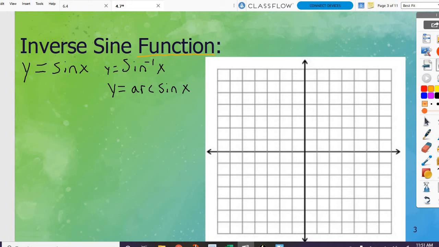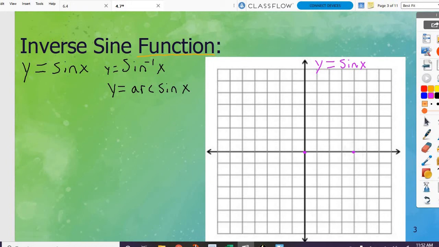So we're going to look at the graph, which hopefully now we all know how to graph. We should be experts at it. We're going to graph y equals sine of x. So what is sine of x at 0? 0. And then remember that we're going to go all the way out to 2 pi.